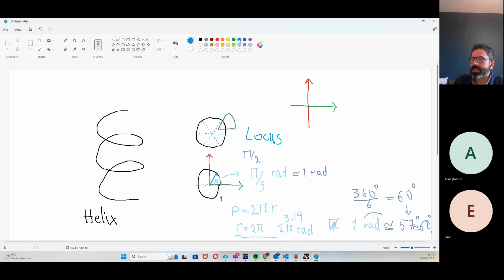So let's do something different. Let's try to find the equation of the circle or the circular curve, let's put it this way, in terms of the location of a moving point around the circle.